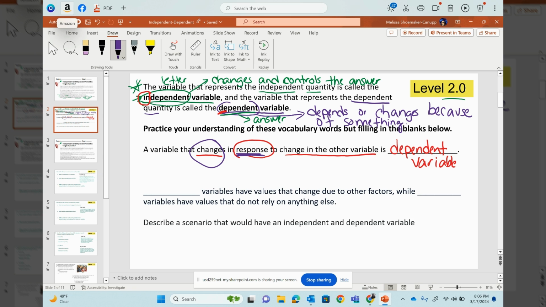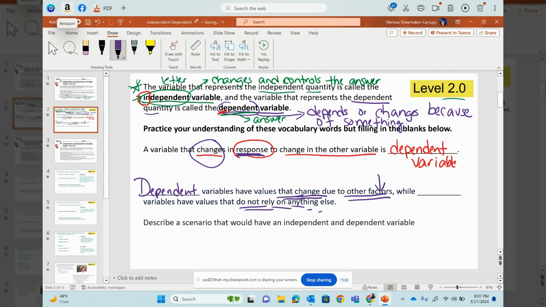Okay. Blank variables that have values that change. There's that word, change again, due to other factors. Well, these other factors, they're not in control. Okay. So this has to be dependent. While blank variables have values that do not rely on anything else.